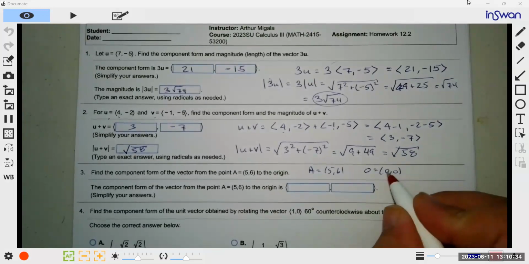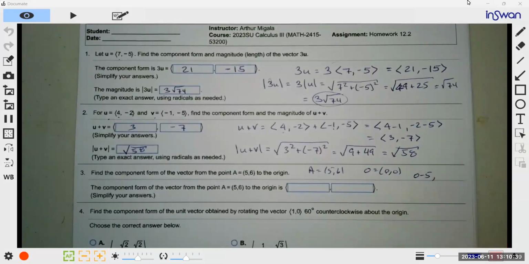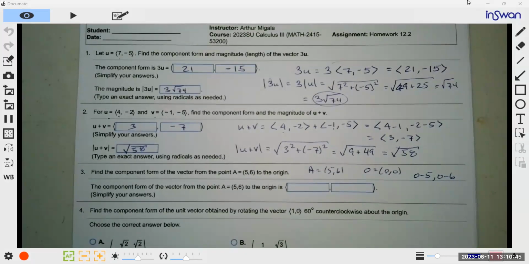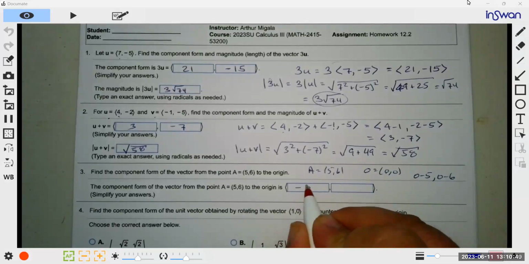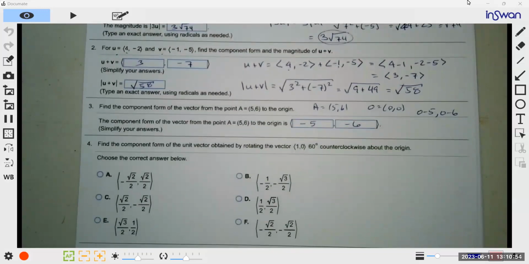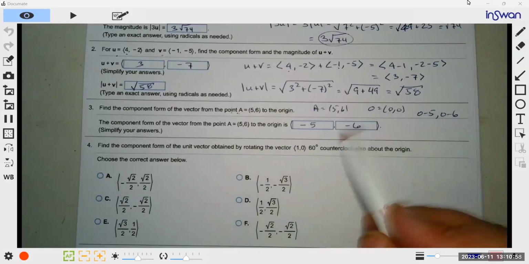So the distance is 0 minus 5, and then 0 minus 6. So the components for that one are -5, -6. This is point A, this is point B, so it's always a difference between.